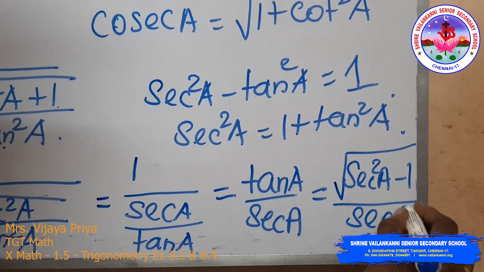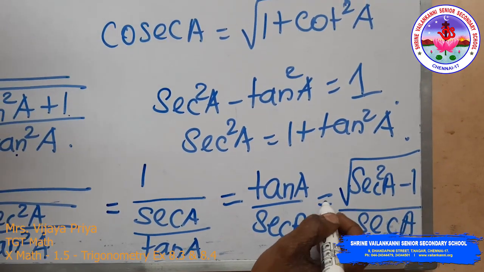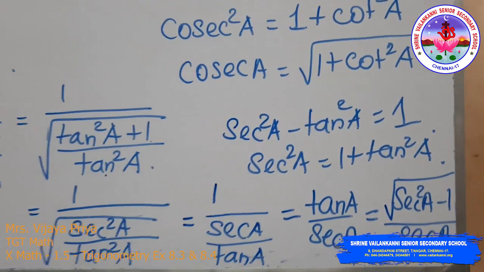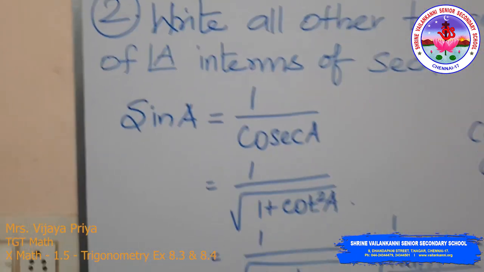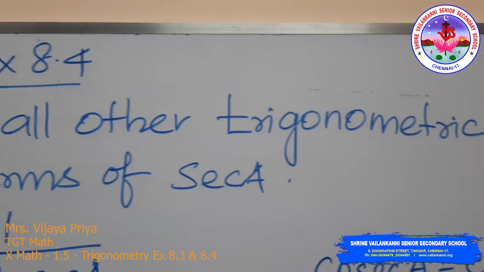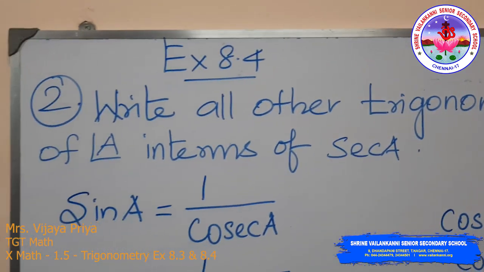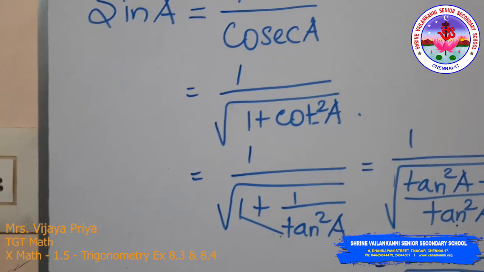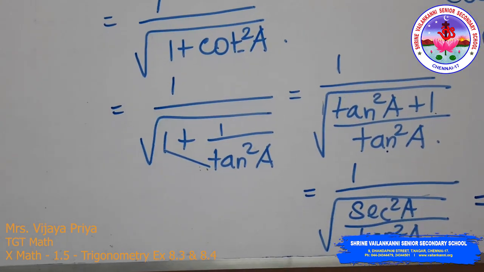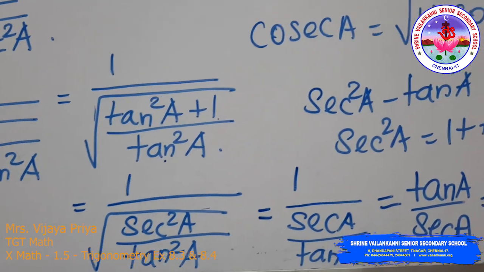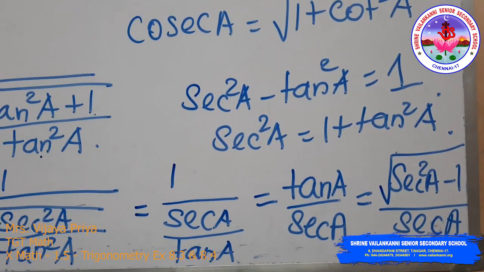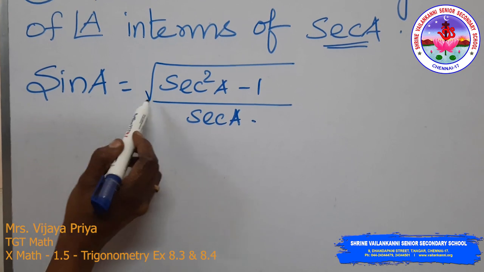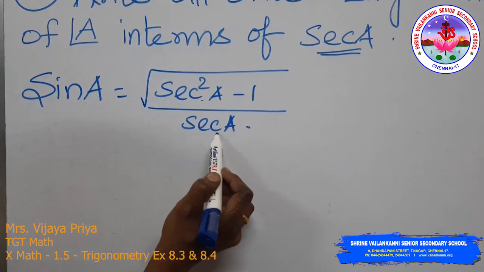Hence I represent sin A as square root of secant squared A minus 1 by secant A. Sin A can be represented as square root of secant squared A minus 1 by secant A.